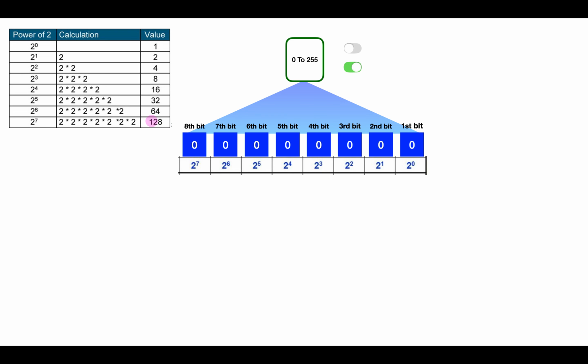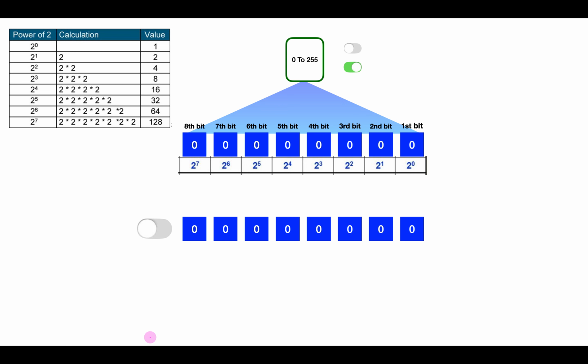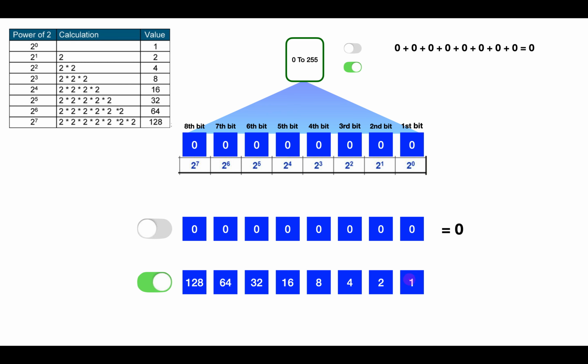If all the bits are off, the value will be 0 for all 8 bits, and thus the octet value will be 0, because we add up all the zeros. And if each and every bit is on, the values are 2 to the power 0 up to 2 to the power 7.